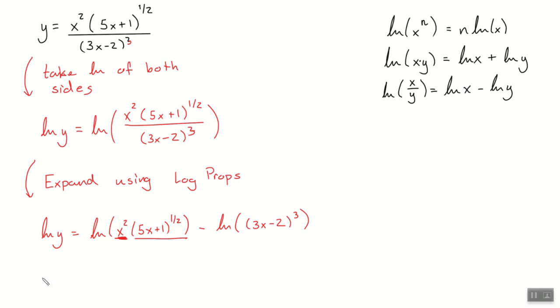So let's go one more step. If you want to say the sum rule or the product rule, you can. This thing splits into two pieces. It becomes the natural log of what's my first piece? x squared plus the natural log of what's my second piece? 5x plus 1 to the 1/2.